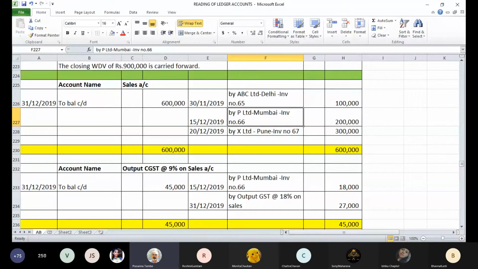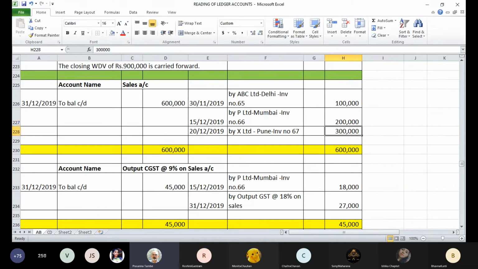So this 2 lakhs of sales will attract GST at 18%, but we'll have to make a breakup of that, and the breakup will be 50% to SGST and 50% to CGST. Now 2 lakhs rupees at 18%, if you calculate GST, it comes to 36,000.